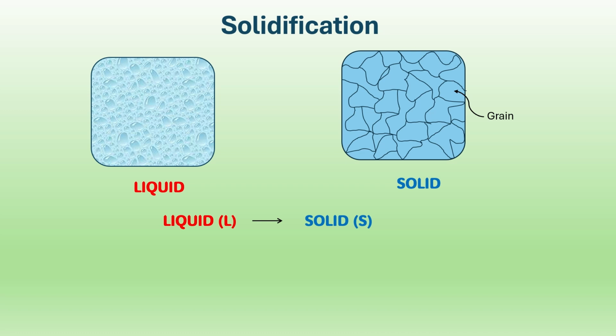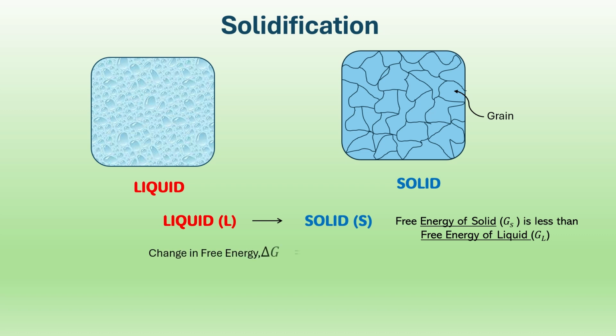To understand why a material is solid or liquid at a certain temperature, we look at Gibbs free energy, denoted by capital G. The most stable phase at any temperature is the one with the lowest free energy. If we know the free energy of the solid and liquid phases, then we can find the change in free energy, and the change is usually the final minus initial value.